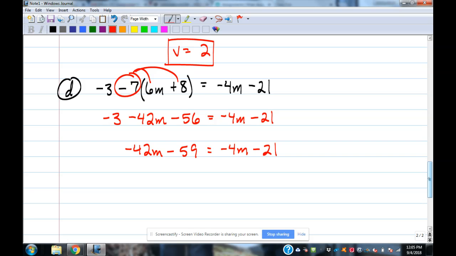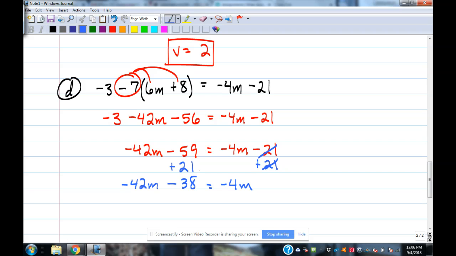To the 59. So I'm adding 21. That's not the only way to work this problem, but it works. We're going to do that. So that'll leave us -4m over there. What's on the left-hand side now? -42m minus 38.